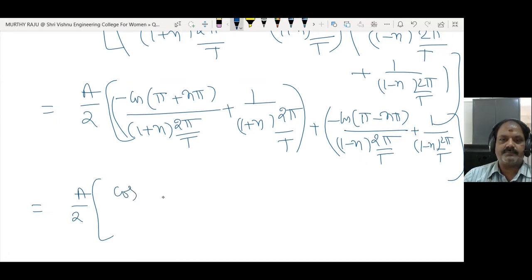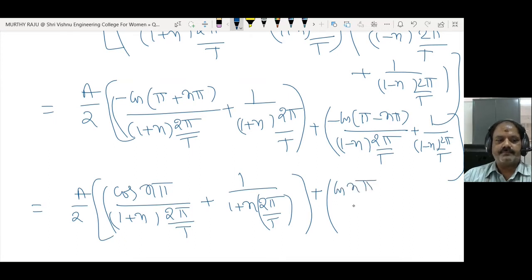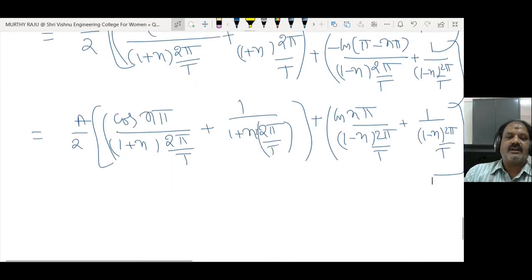Therefore cos n pi by 1 plus n into 2 pi by t, plus 1 by, here also cos n pi by 1 minus n 2 pi by t, 1 minus n 2 pi. Cos n pi is 1.